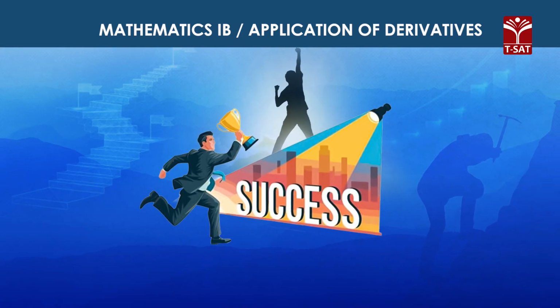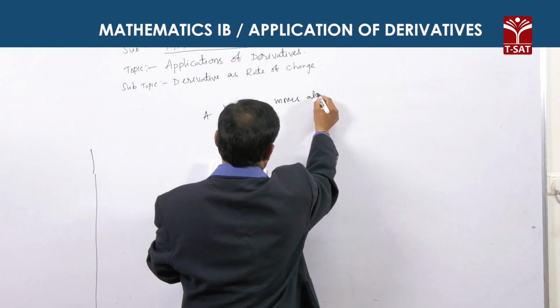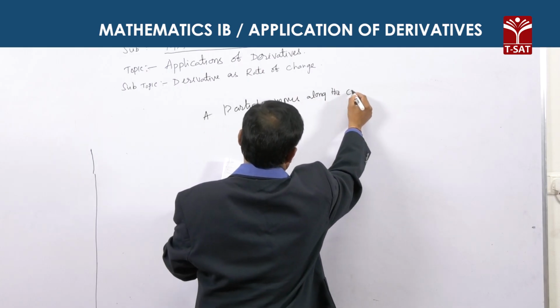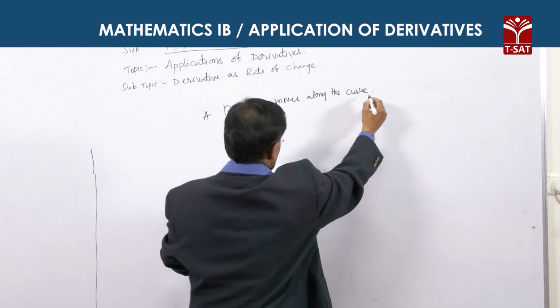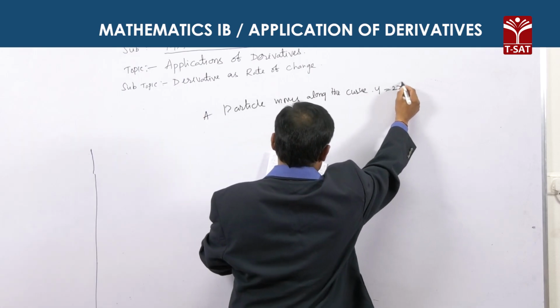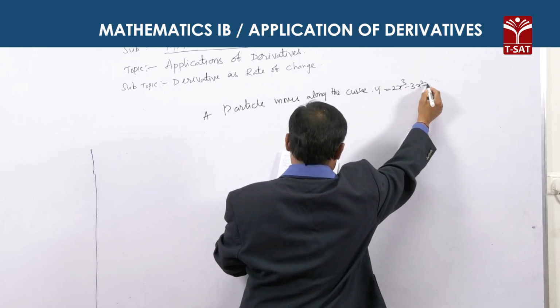Next question: a particle moves along the curve y is equal to 2x cube minus 3x square plus 4.